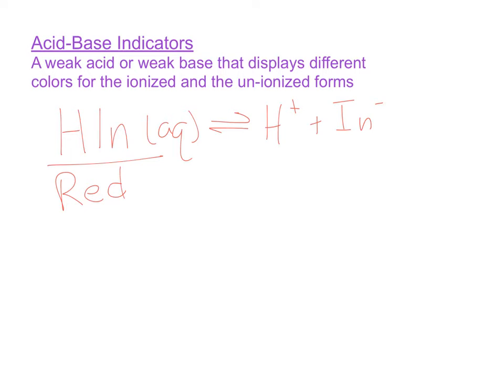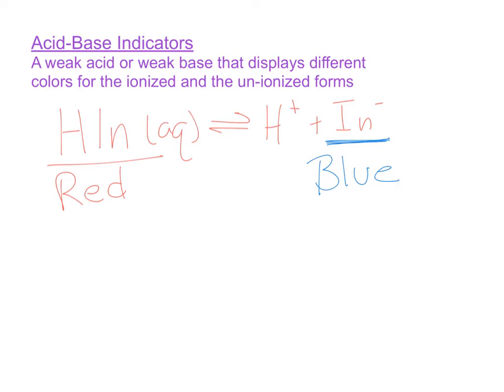It will be, if most of the species in solution are in the HIn form, that is the unionized form, right? This is the unionized form of the acid here. Say it's red. Now, if you increase the likelihood that the In minus will be formed here, let's say that when In minus is mostly in solution, it's blue, okay?